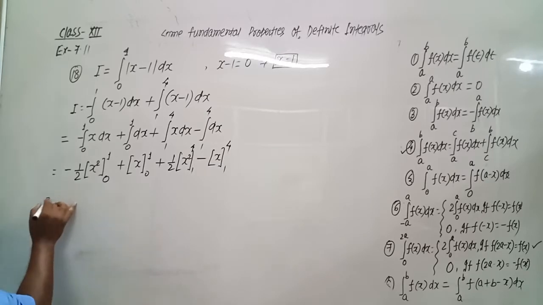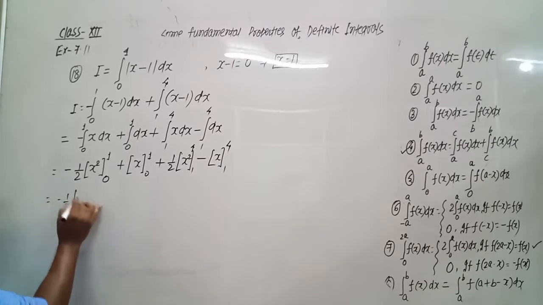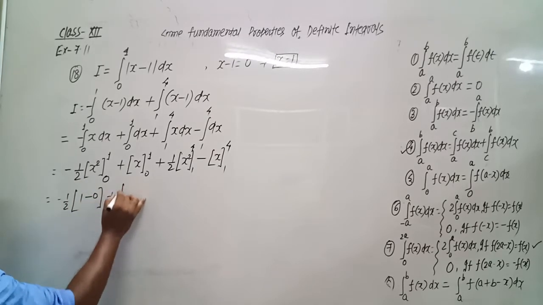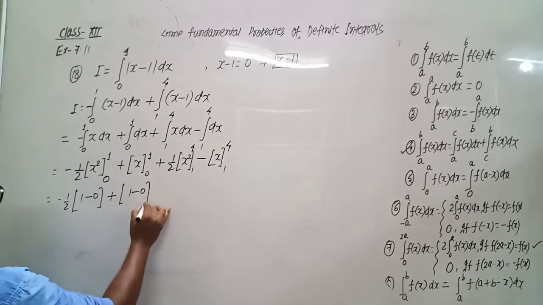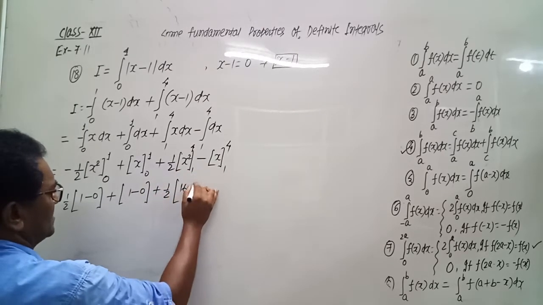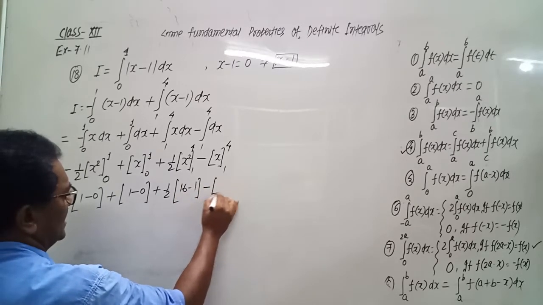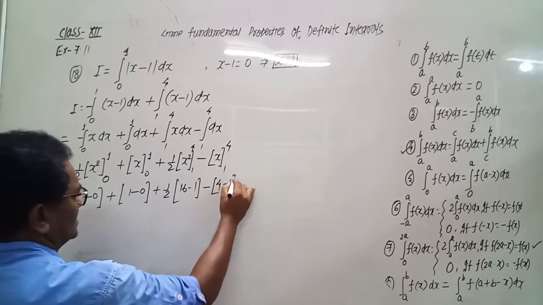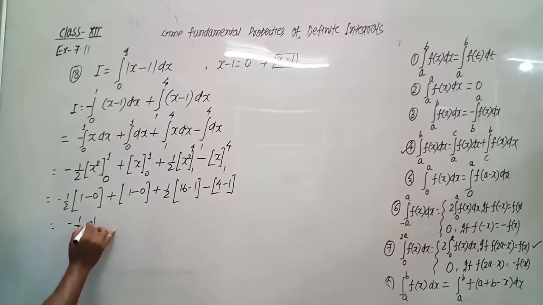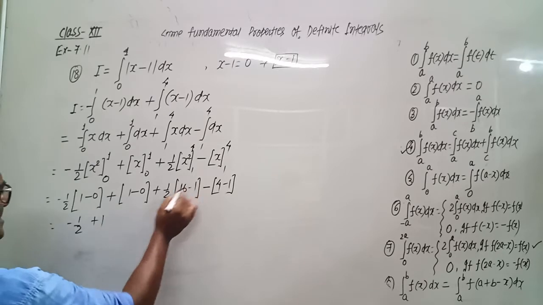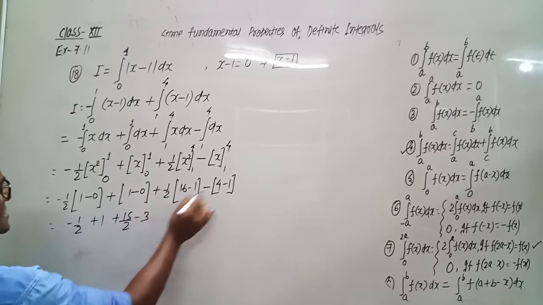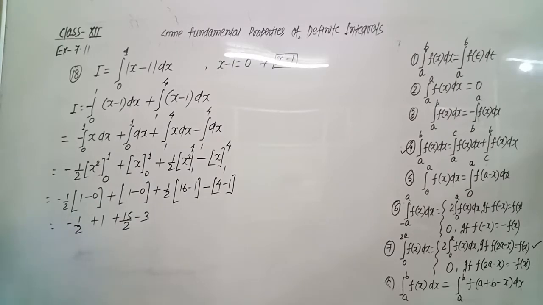Now put the limits. So minus 1 by 2 into (1 square, that is 1 minus 0), plus (1 minus 0), plus 1 by 2 into (4 square, 16, minus 1 square, 1), minus (4 minus 1). So we get minus 1 by 2 plus 1, and 16 minus 1 is 15, so 15 by 2, minus 4 minus 1 which is 3.